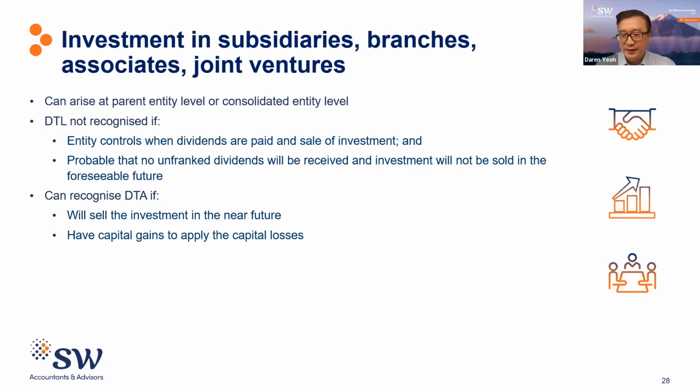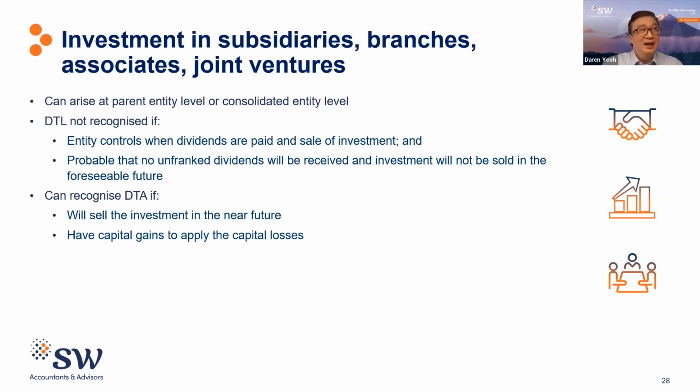So the next one is investment in subsidiaries, branches, associates, and joint ventures. So temporary differences can arise at the consolidation level or at the parent entity accounts level. The exception says that you do not need to recognize a deferred tax liability for the associate or for the subsidiary if the carrying amount differs from the tax base, if you can show that you control the dividend policies of the investee, and you control when you choose to dispose of that investment.